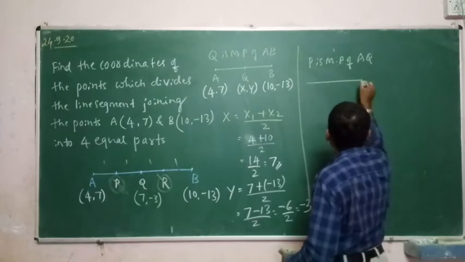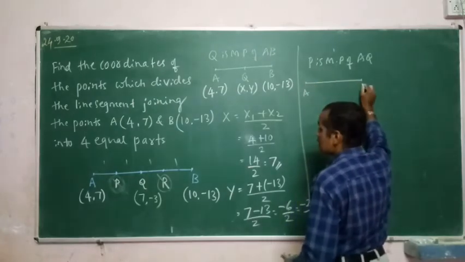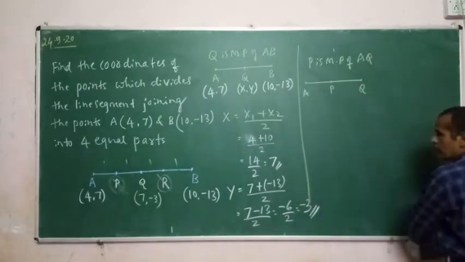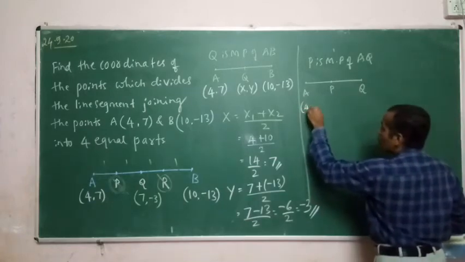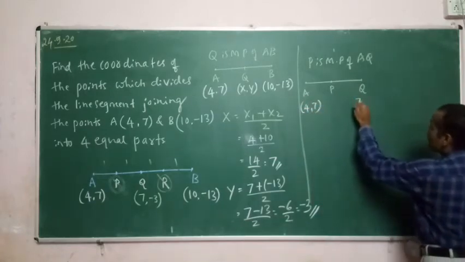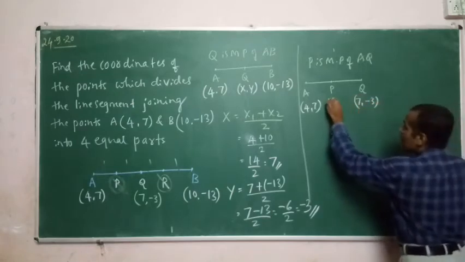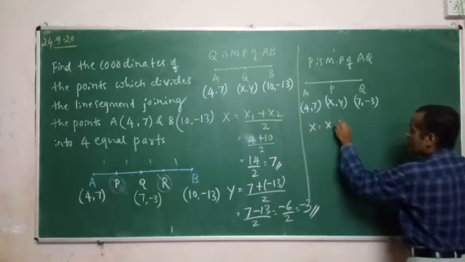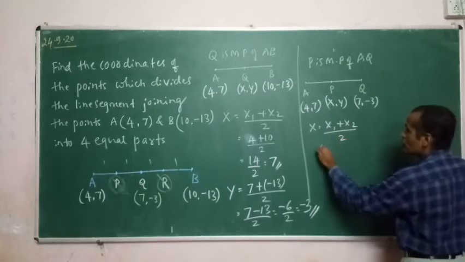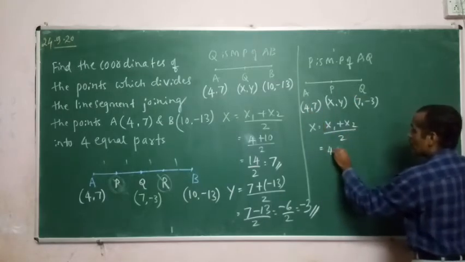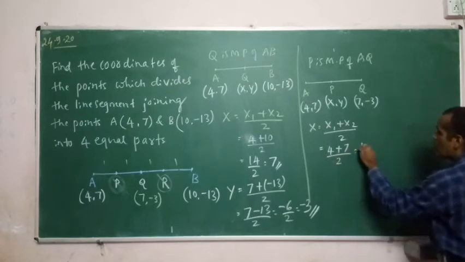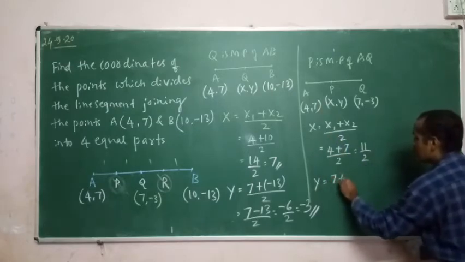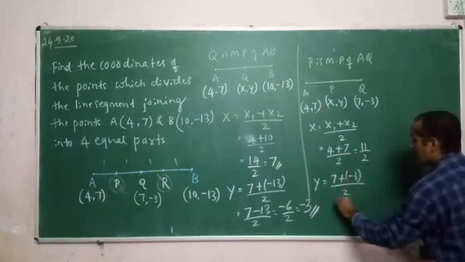Come on, a figure: A, this is Q, and here is the point P. Coordinates of A are 4, 7. Q is 7, -3, and now I will call P as (x, y). Section formula: x is equal to (x1 + x2) divided by 2. 4 plus 7 divided by 2. Answer is 11 by 2. y is equal to (7 + (-3)) divided by 2.